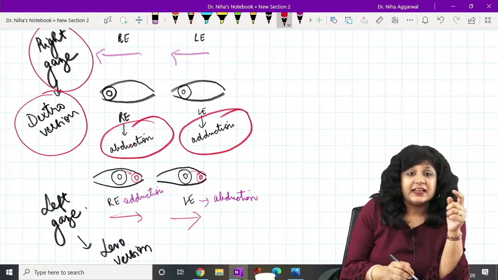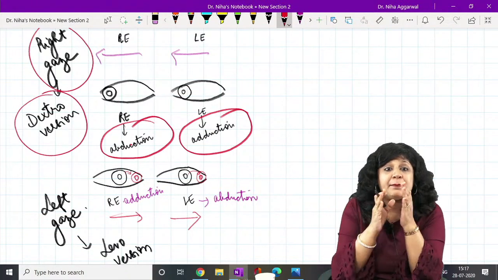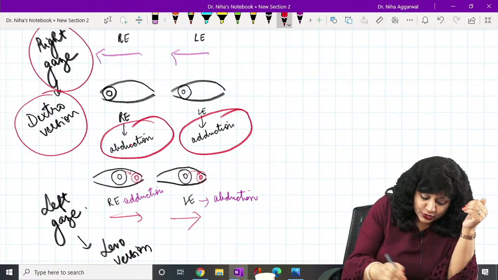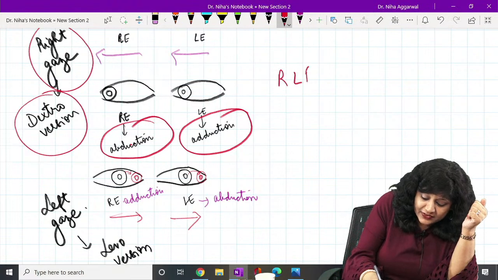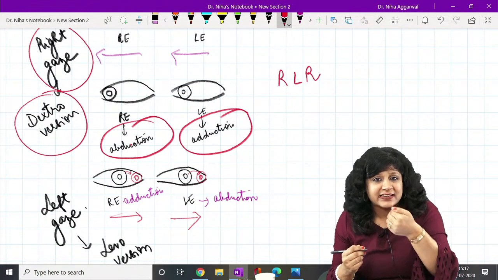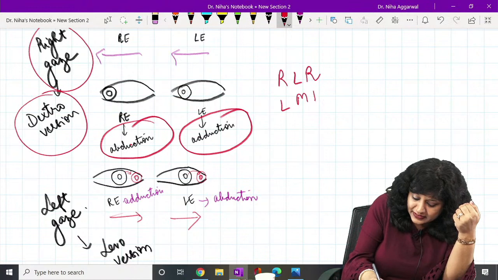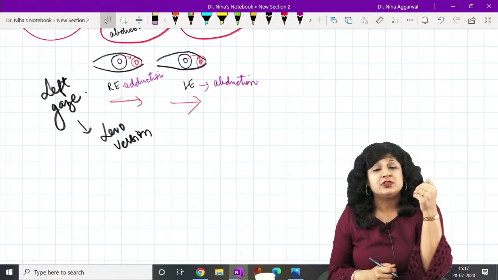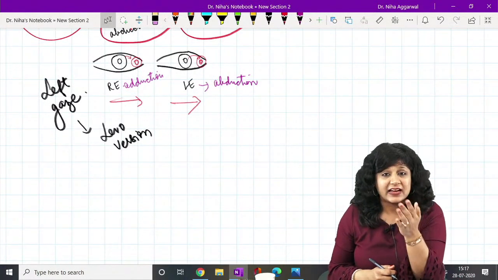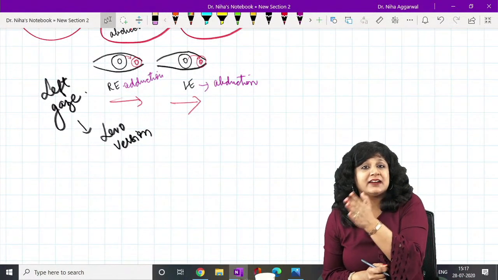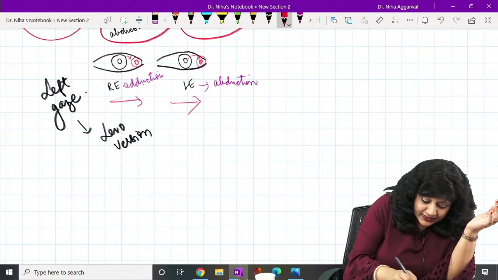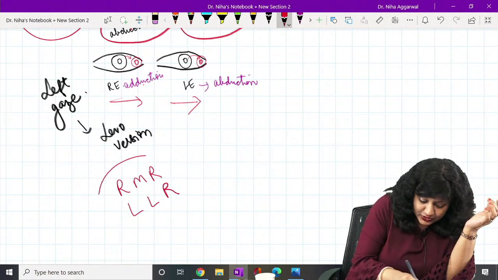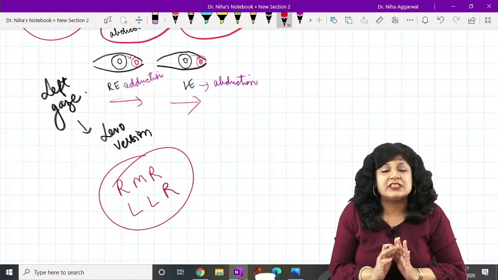The right eye is seeing rightward in abduction, so this will be the right lateral rectus, and the left eye is adducting, so this will be the left medial rectus. Similarly, when the eye is going into levoversion, it is adducting of one eye and abducting of the other, so it is the right medial rectus and left lateral rectus. So I think now this is very clear.